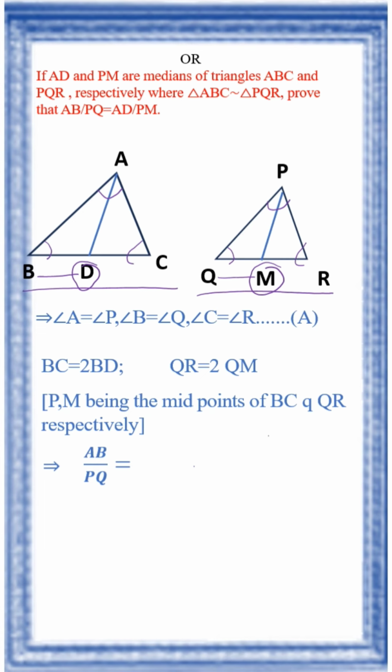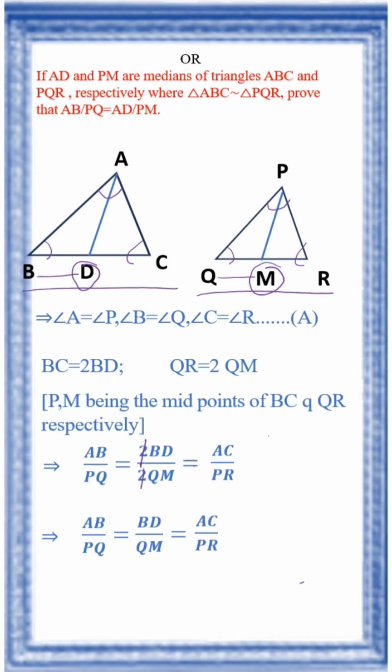Instead of BC, now let us write 2BD. Instead of QR, let us write 2QM. So 2BD upon 2QM is equal to AC by PR. Here 2 and 2 get cancelled. So now we can write AB by PQ is equal to BD by QM is equal to AC by PR. Let this be equation number 1.